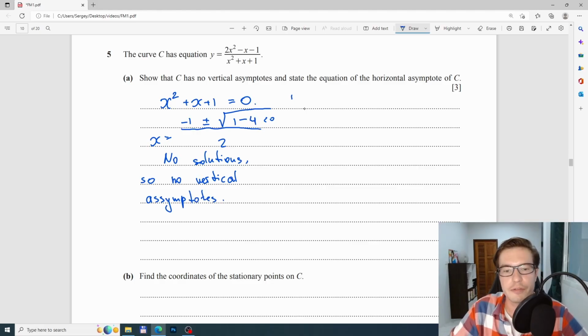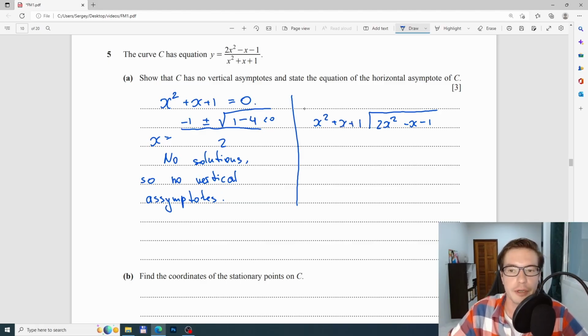Okay, for the next one, we'll have to find the equation of the horizontal asymptote. And to do so, I will first perform the division. x squared plus x plus 1. I will first multiply by 2. I get 2x squared plus 2x plus 2. Subtract them. I will get minus 3x minus 3.